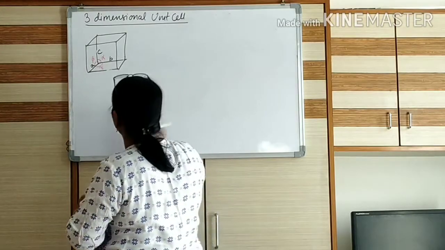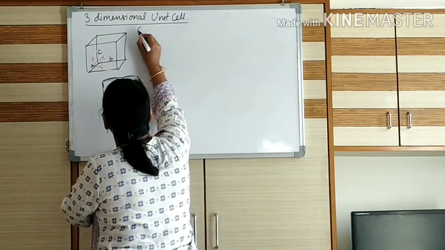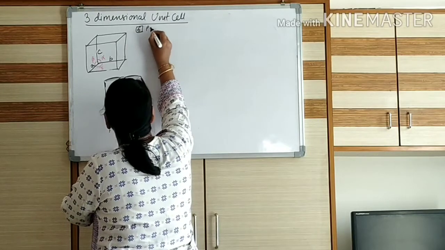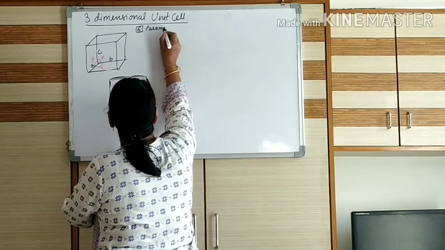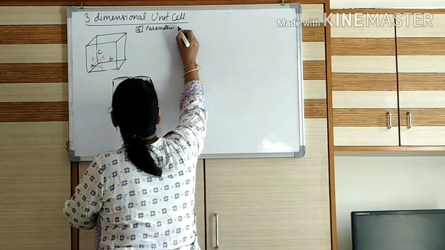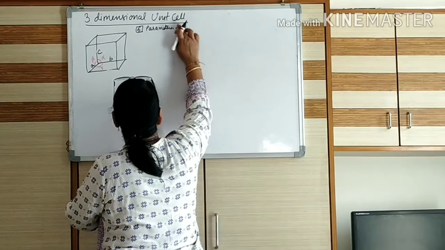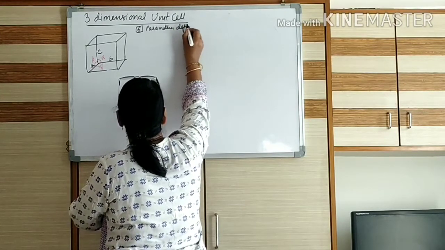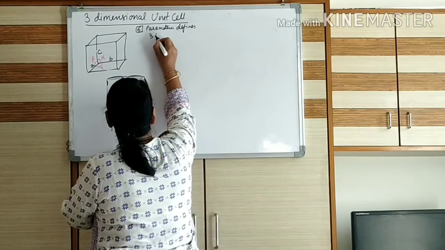In a three-dimensional unit cell, how many parameters? 6 parameters. 6 parameters define the 3D unit cell.